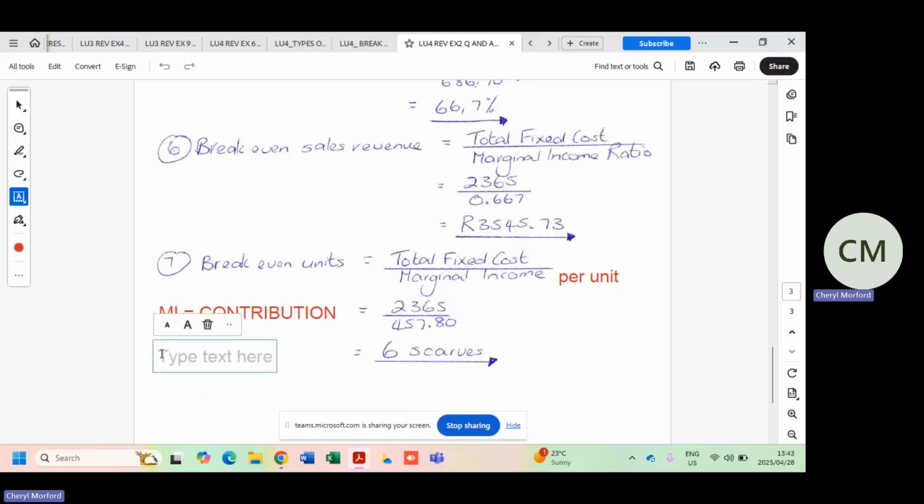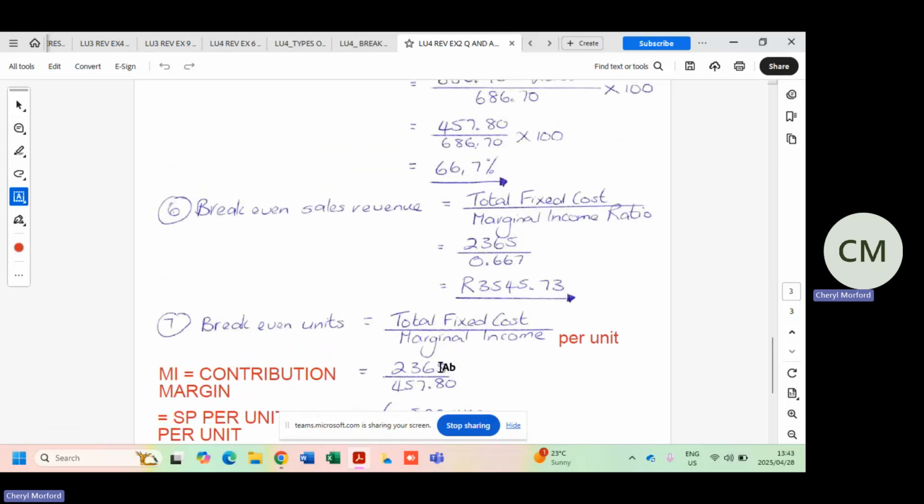And how do we calculate that? It's equal to your selling price per unit, excluding that, subtract your variable cost per unit. So what is our selling price per unit? We worked it out on the previous page. Variable cost plus markup. It was 686 Rand and 70.